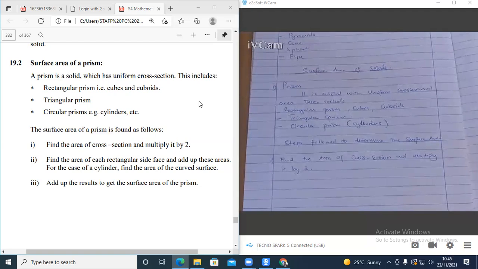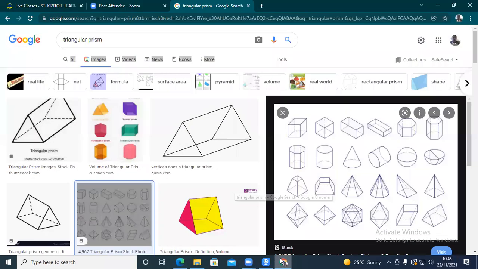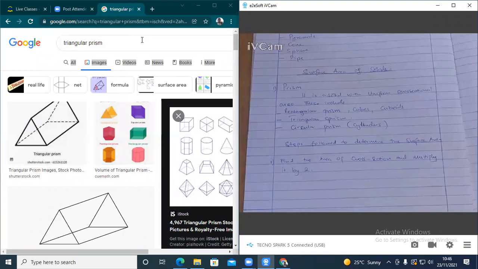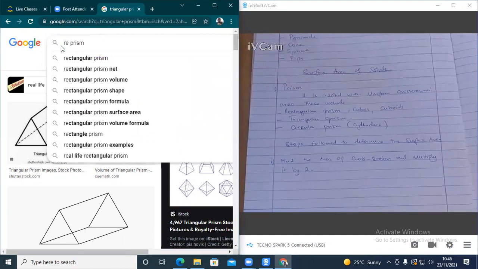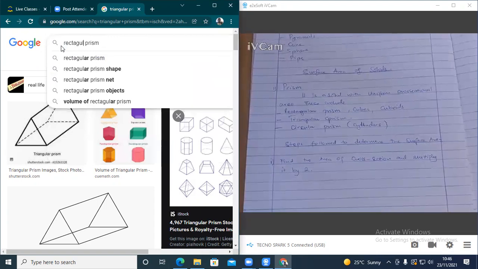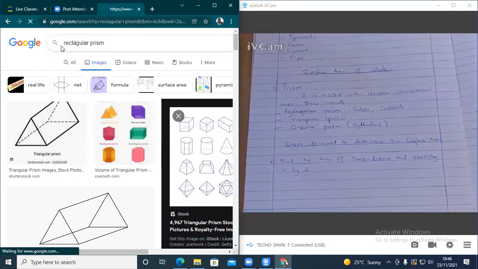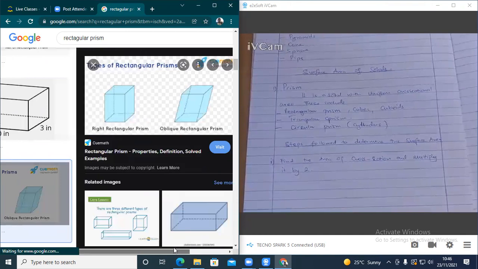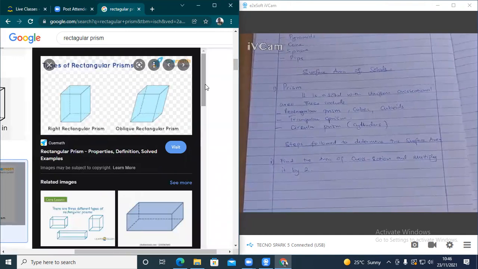So let me first draw one diagram here. We have a right rectangular prism.